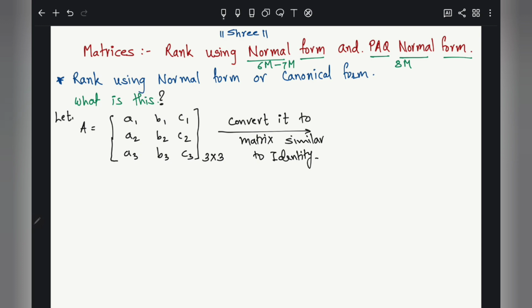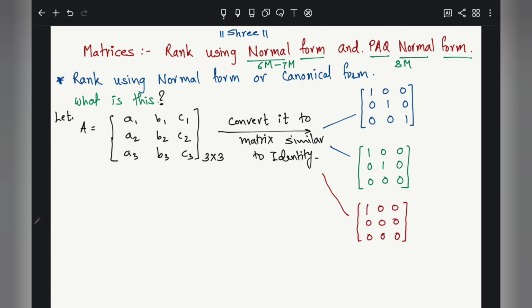A matrix A can be converted to the identity 3 cross 3 matrix, or it may not, it may come to something similar. I will explain. Basically, the 3 cross 3 matrix we need to convert to a matrix which is similar to identity.